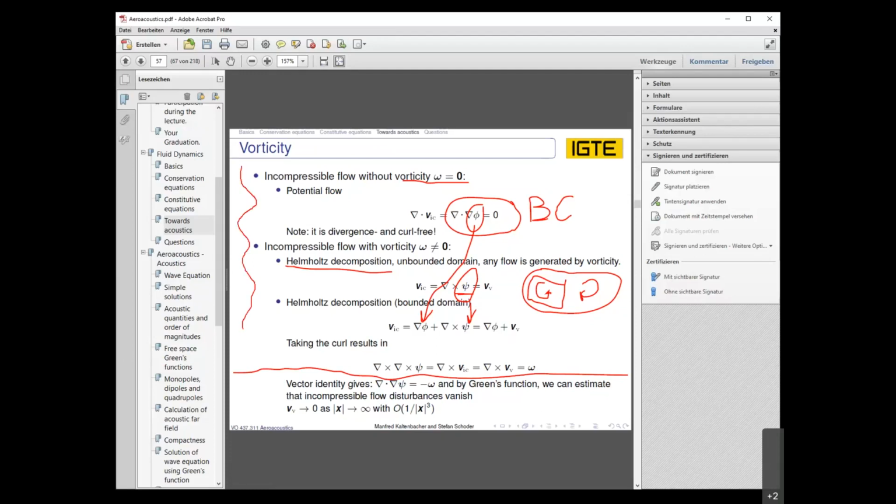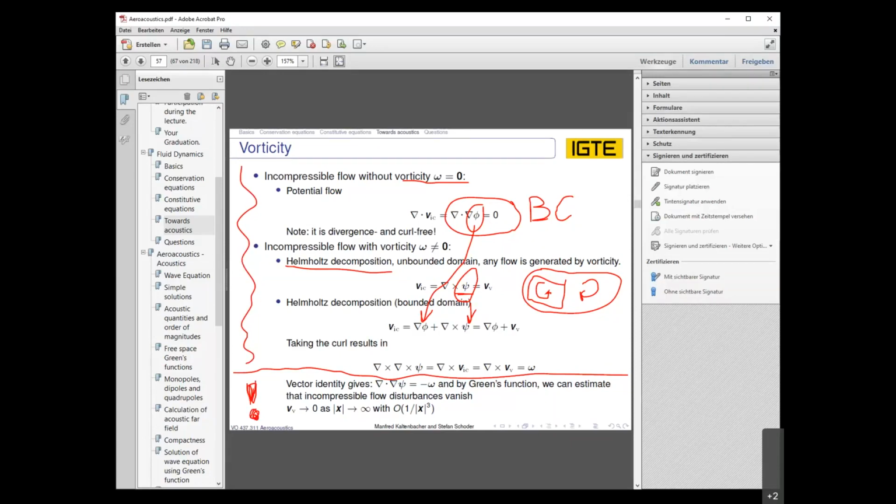What is up there was interesting, and now we get to one of the core messages of fluid dynamics, which is down there. This is very important, and if you don't get it, just ask again.